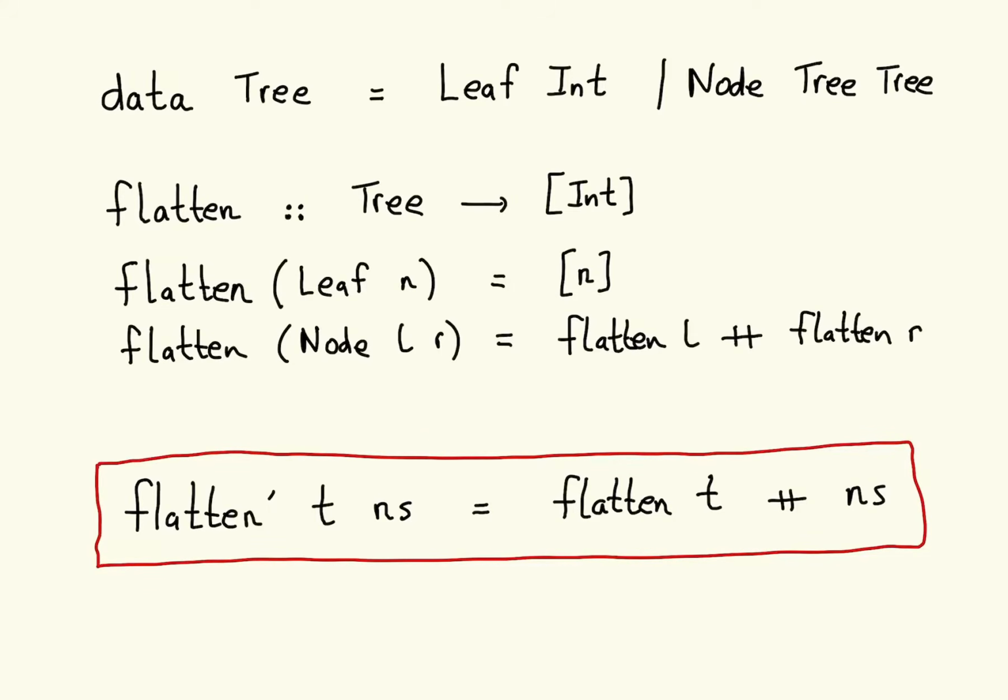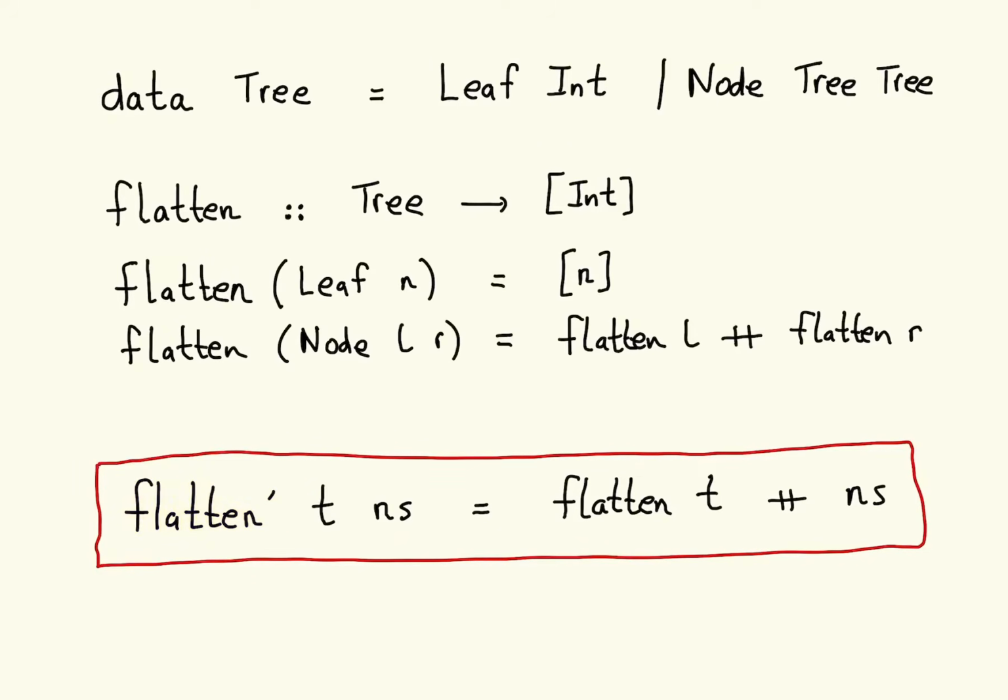Okay, so again, it's exactly the same trick as we used when we implemented reverse more efficiently. We formulated an equational specification, and it has an unknown. So the unknown this time around is the function called flatten prime, and this is the behavior which we would like it to have.